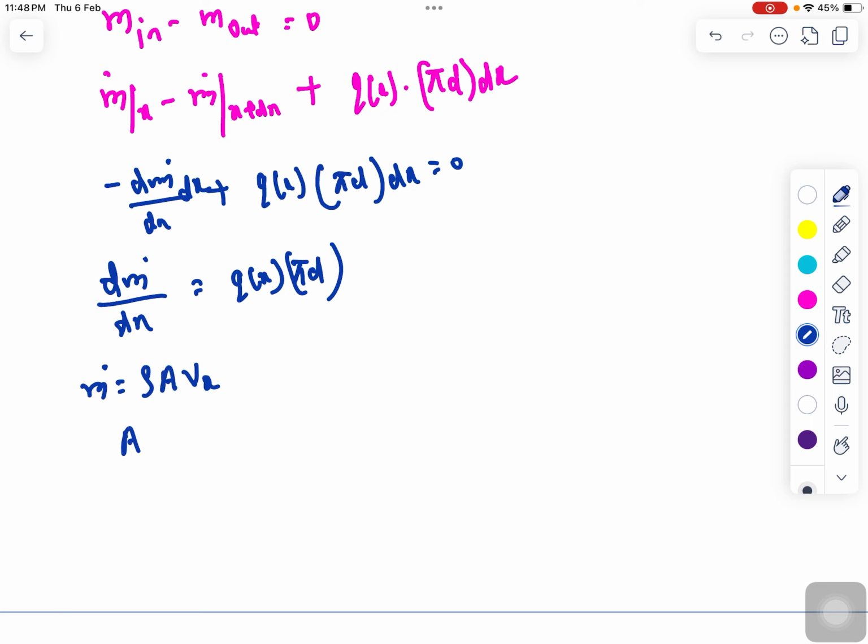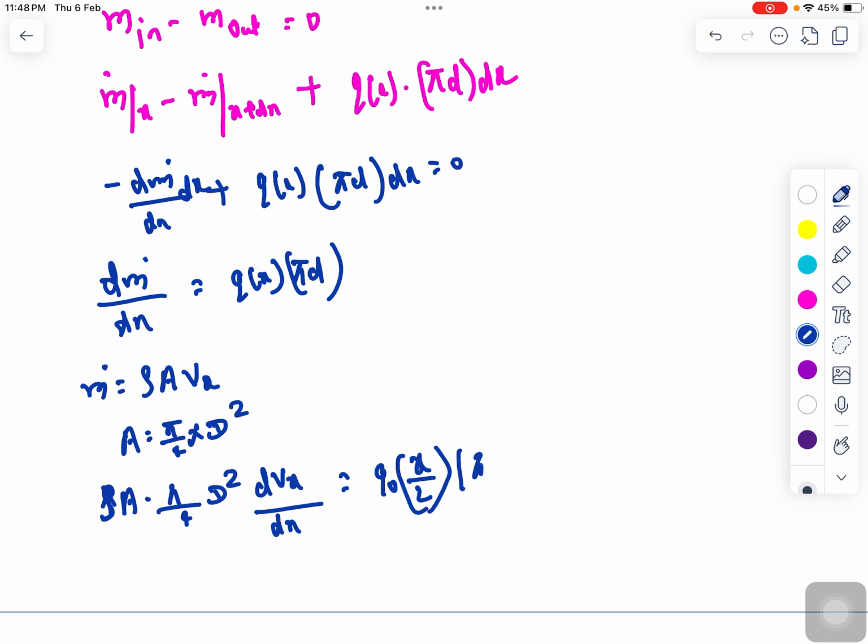A equals pi by 4 into d square, so we can substitute capital D square here. Now we substitute rho into pi by 4 d square and dvx divided by dx equals qx, which is q naught into x by L, into pi d.